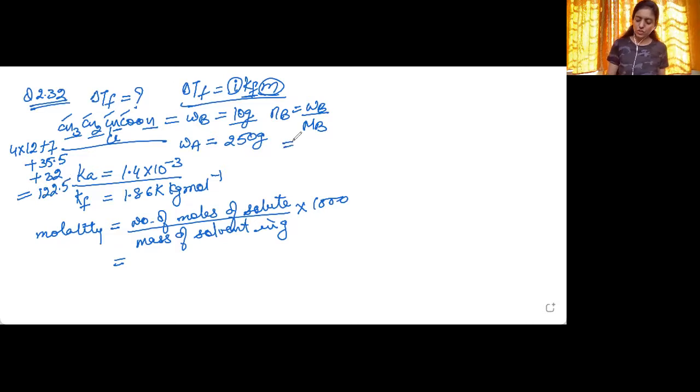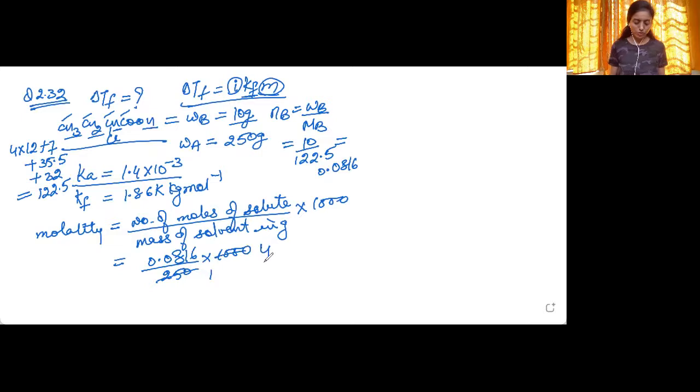So just put the values here. 10 upon 122.5 comes out to be 0.0816. This is the number of moles. Just put the value here. Mass of solvent in grams has been given to be 250, into 1000.